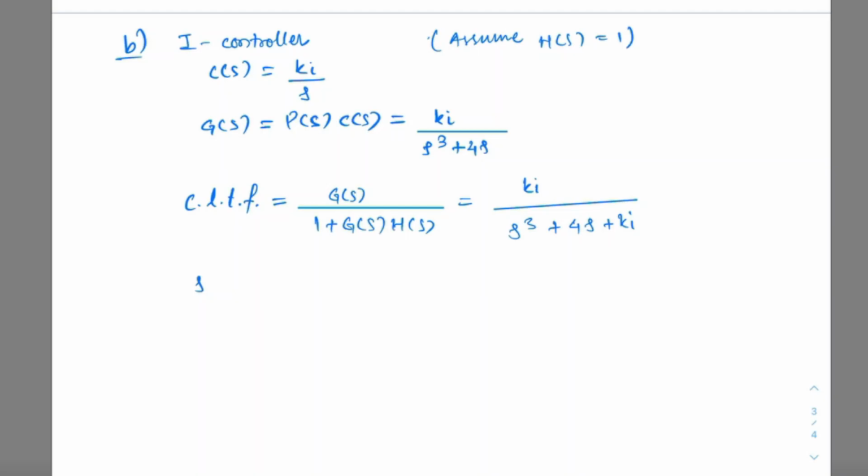Now if we check the Routh array for this polynomial, since there is this 0, the polynomial is not Hurwitz.